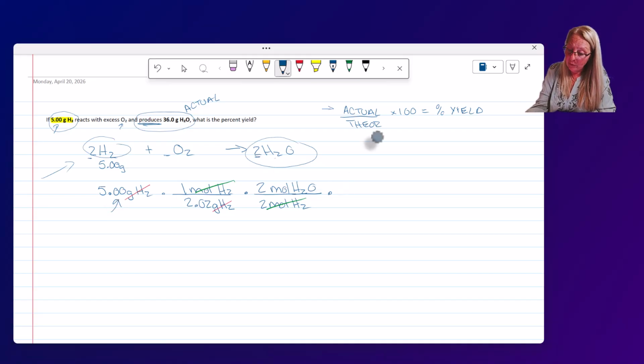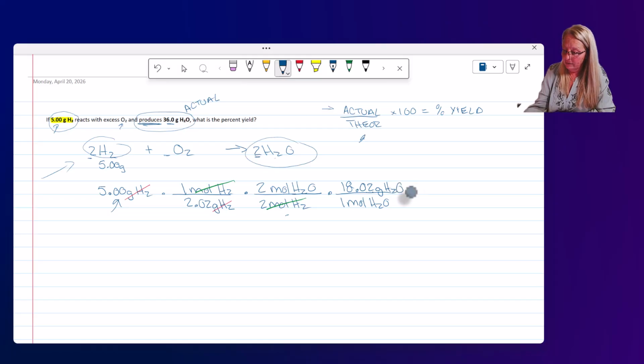In order to do this ratio, I either need to do 2 things. I either need to change grams of water into moles or change my moles of water here into grams. Let's go ahead and do that. So for every 1 mole of water, I have 18.02 grams of water.